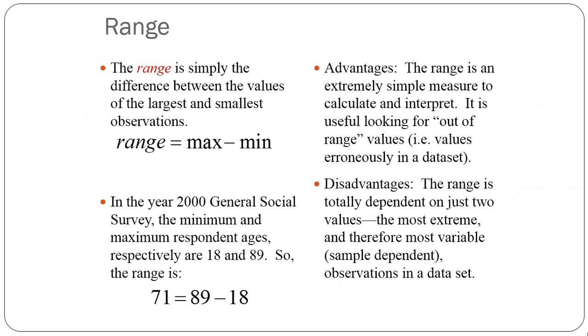Now, statisticians tend not to like this measure too much, and there's kind of a complicated reason for that, and you have to think about random sampling. You've taken one sample, the general social survey in a particular year, in this case the year 2000. It could be a good sample or a bad sample. Bad meaning it produces statistics that don't really reflect what's going on in the general population.